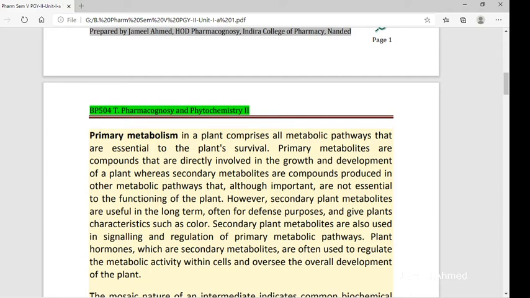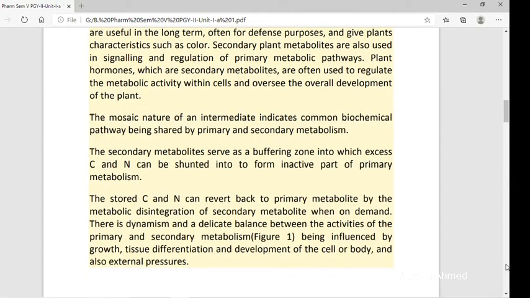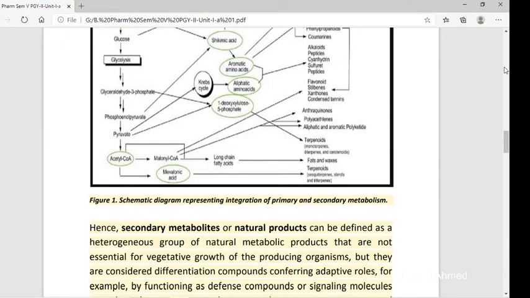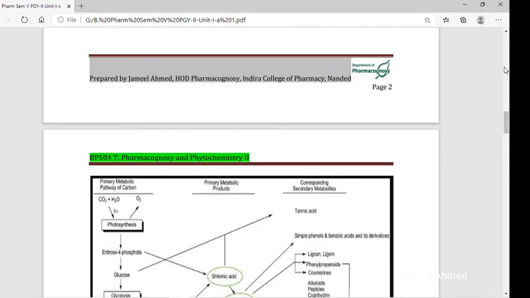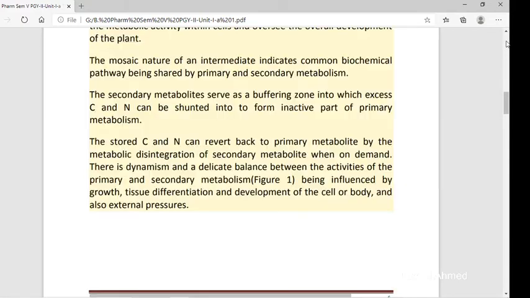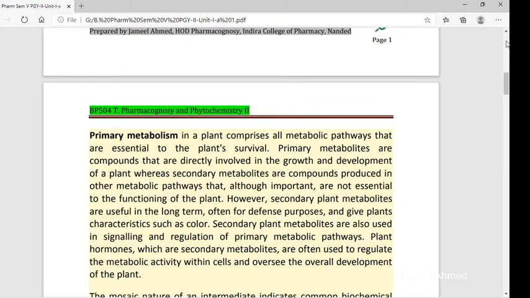To understand this, we have to get the difference between primary metabolites and secondary metabolites. Primary metabolites are widely distributed in nature, practically in all organisms.